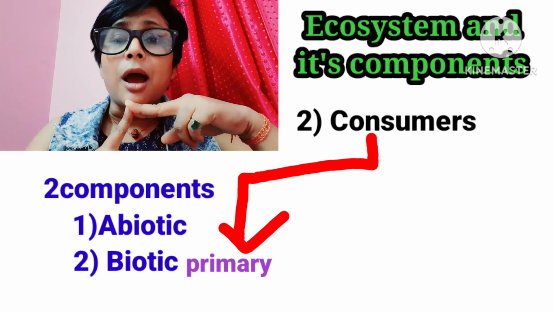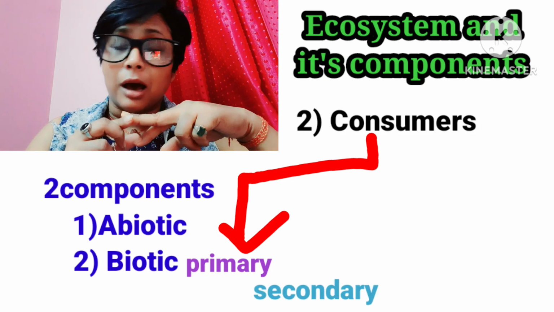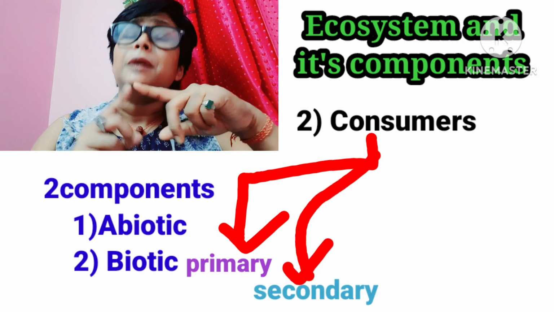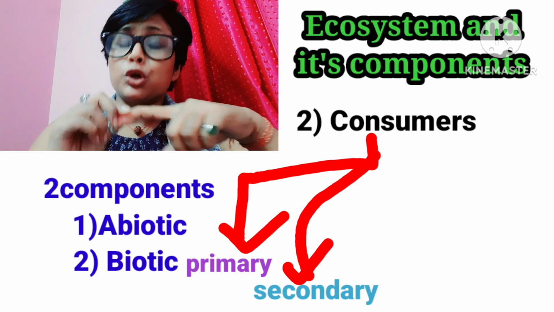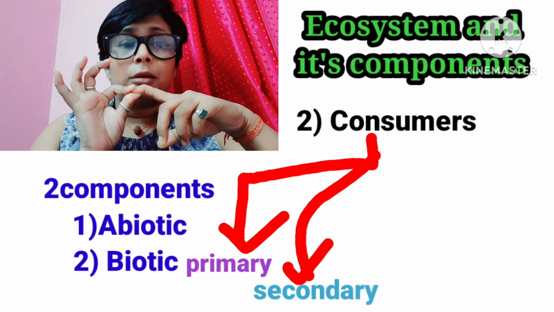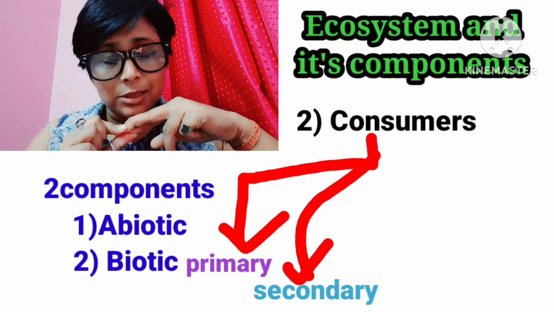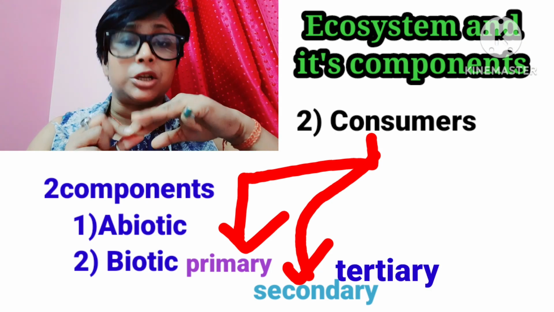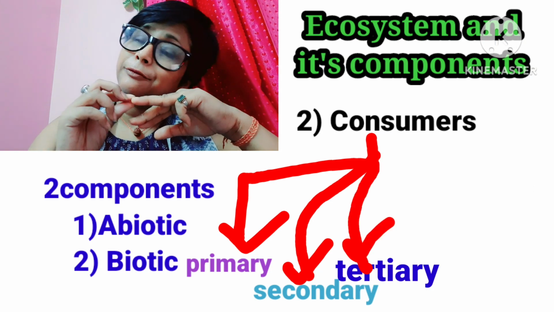And the second are the secondary consumers. They are the predators of primary consumers, right? So the primary consumers are taken as food by the secondary consumers, and the tertiary consumers take the secondary consumers as their food.